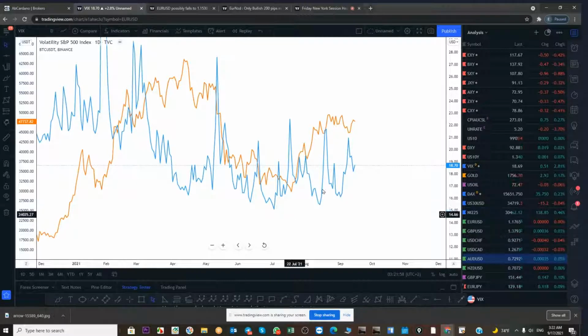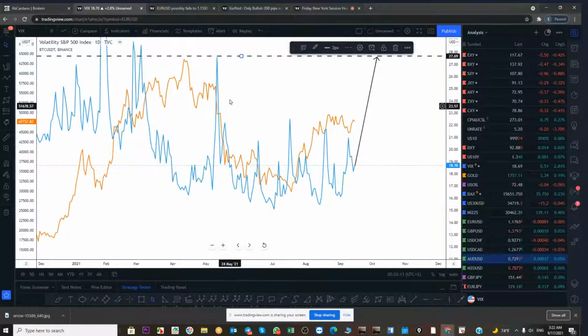So if we get this move to the upside to the same level right here, then the Bitcoin is going to go to the same level it was here. Probably, if it does happen.